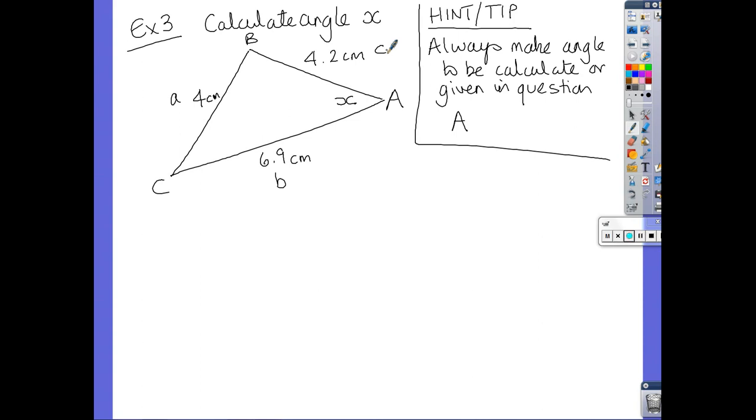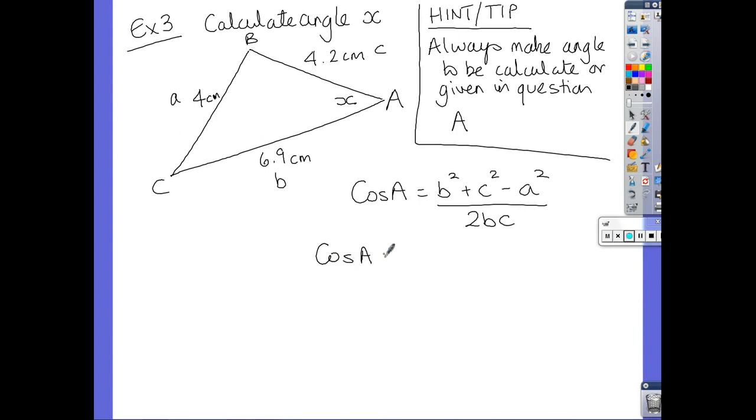Because we're trying to calculate an angle in this case, we are using our second formula, so it would be cos A is equal to b squared plus c squared minus a squared over 2bc. And now we substitute in our values.